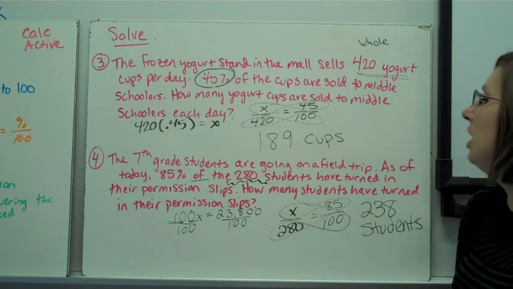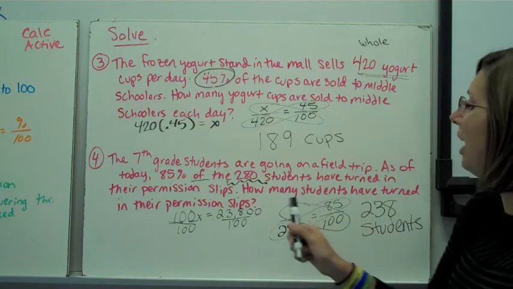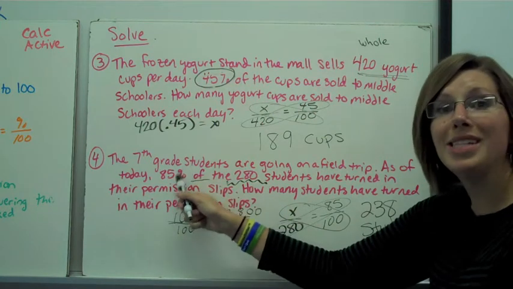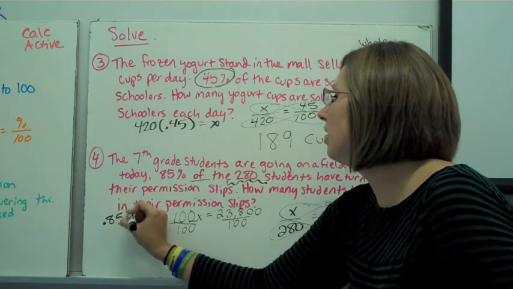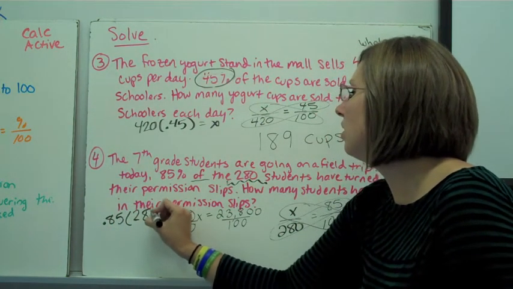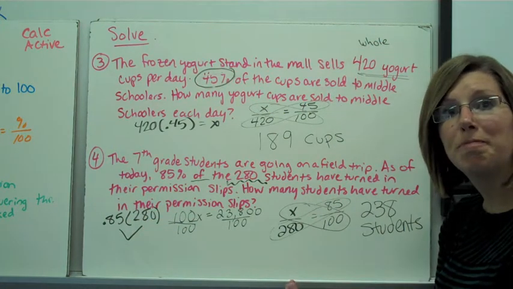Not so shabby. I could set up an equation for this one also, similar to the last problem. I knew the whole, I knew the percentage, so if I multiply the percentage times the whole, that would give me my answer.